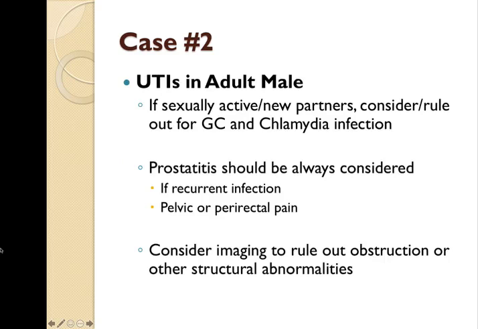So that's exactly what we mentioned. I think concern for prostatitis was brought up by a couple of you guys. And prostatitis should always be considered in the male, especially if they have recurrent urinary tract infections or if they have pelvic or rectal pain on review of systems.